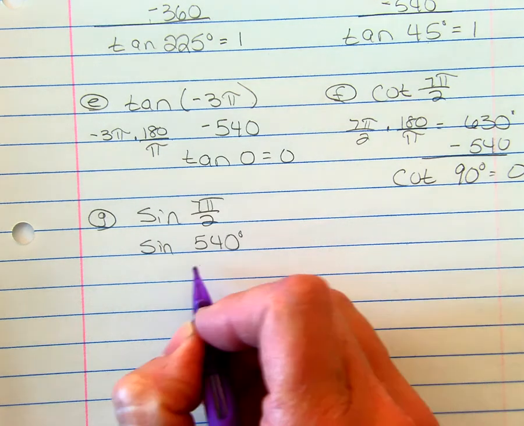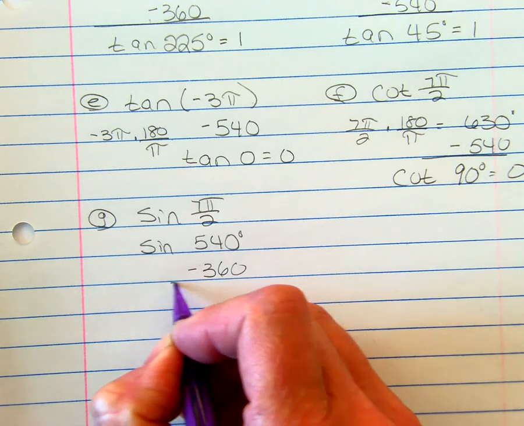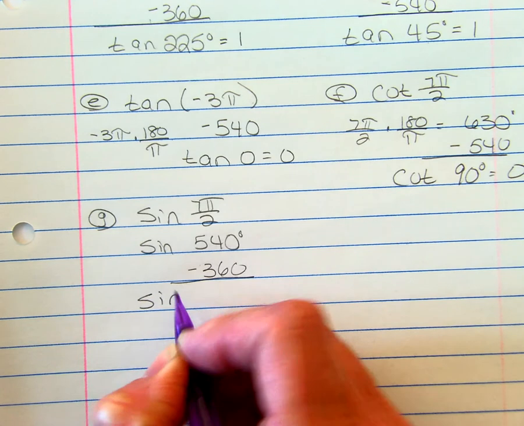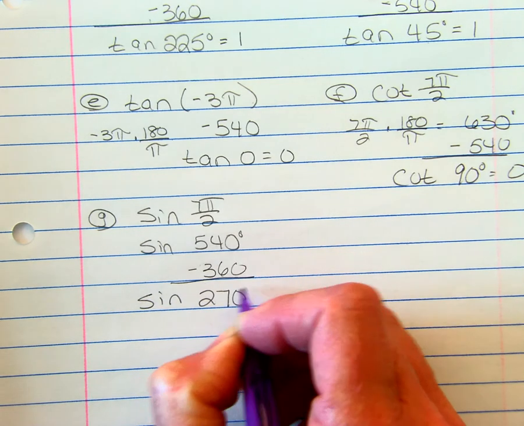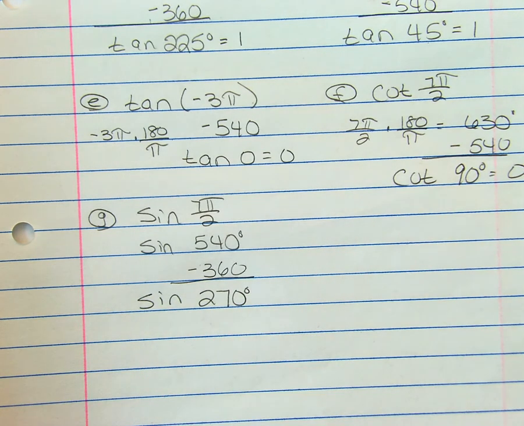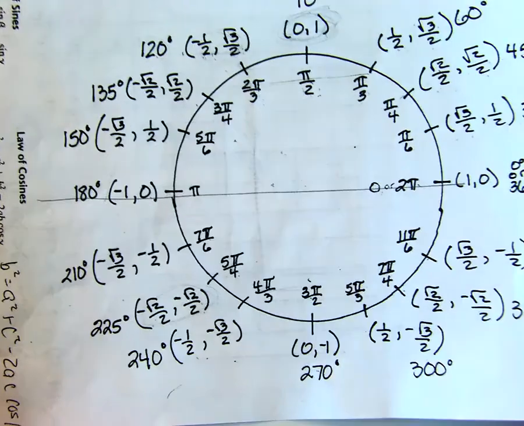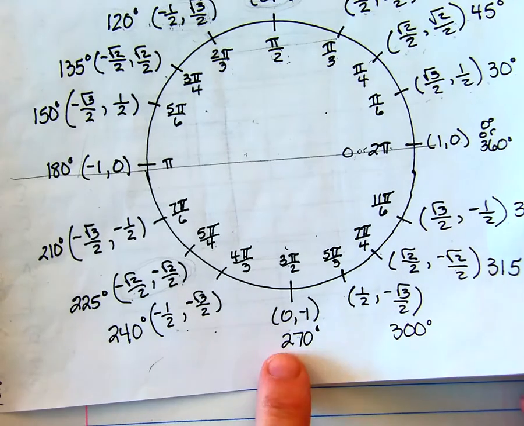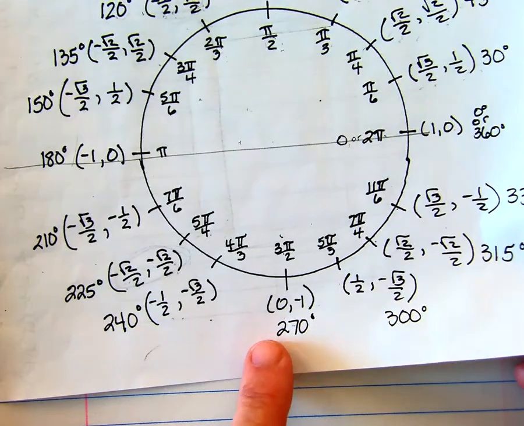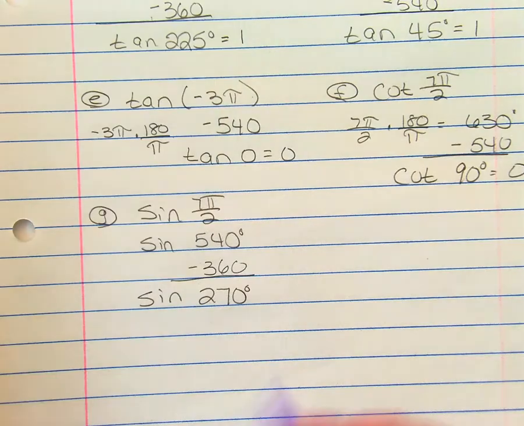So only one time here. So you're going to be looking for the sine of 270. You don't want the sine of 90 because it has to be multiples of 360 for sine. So find 270. Here it is. We want sine, so our answer is -1.